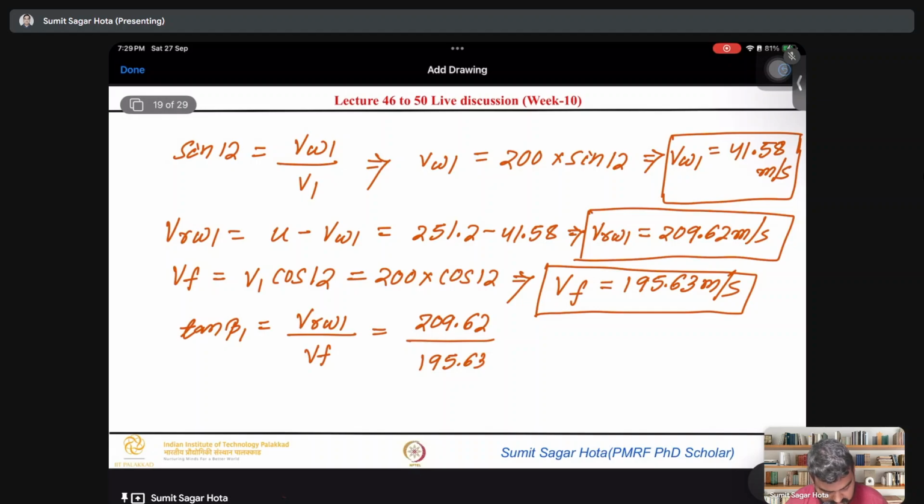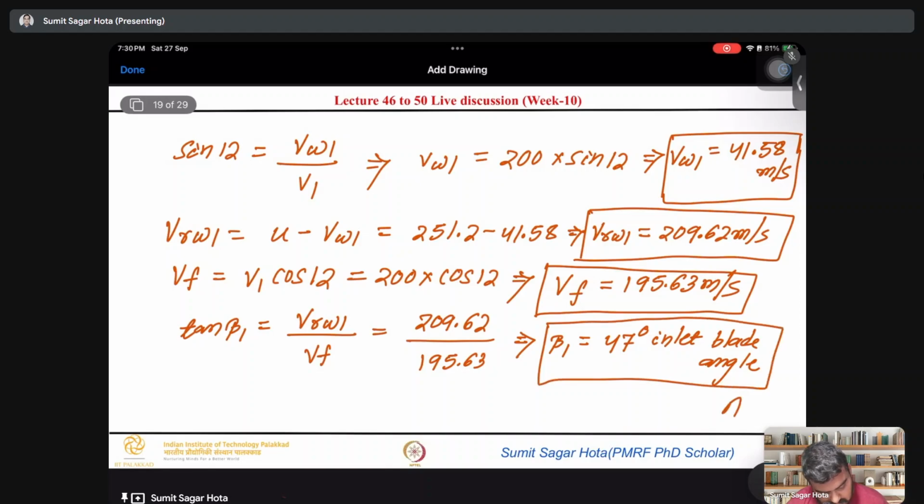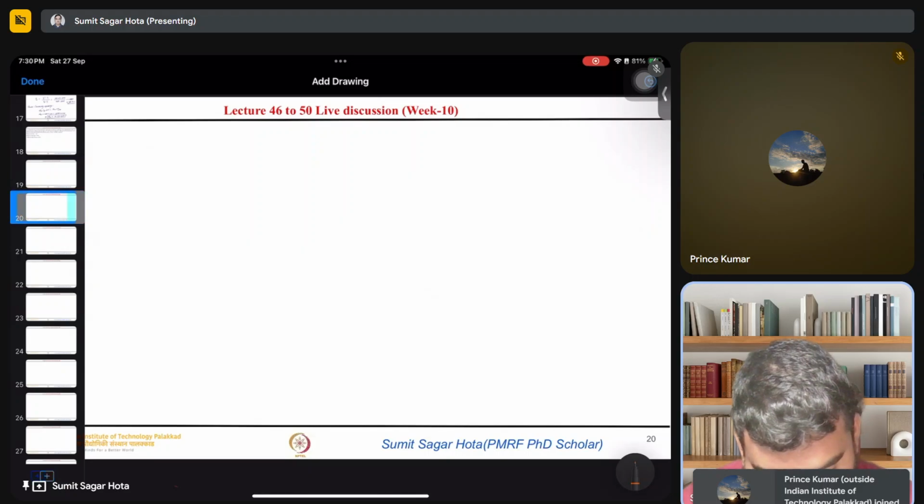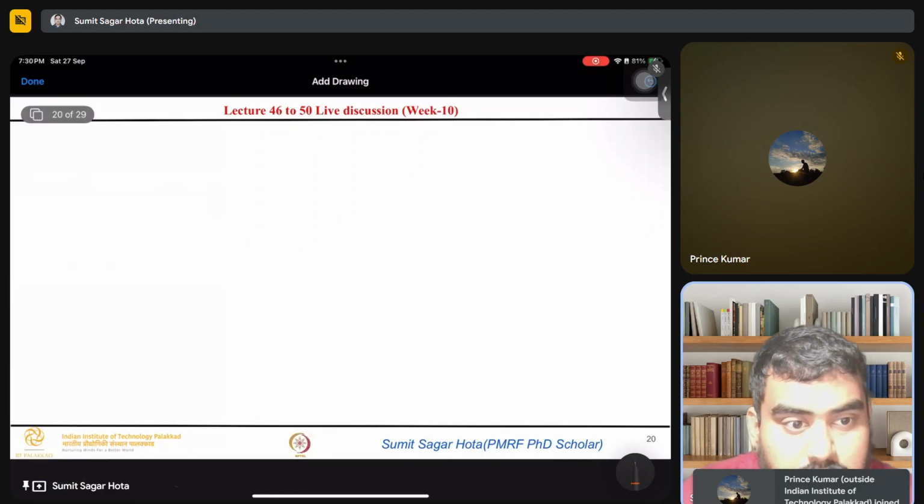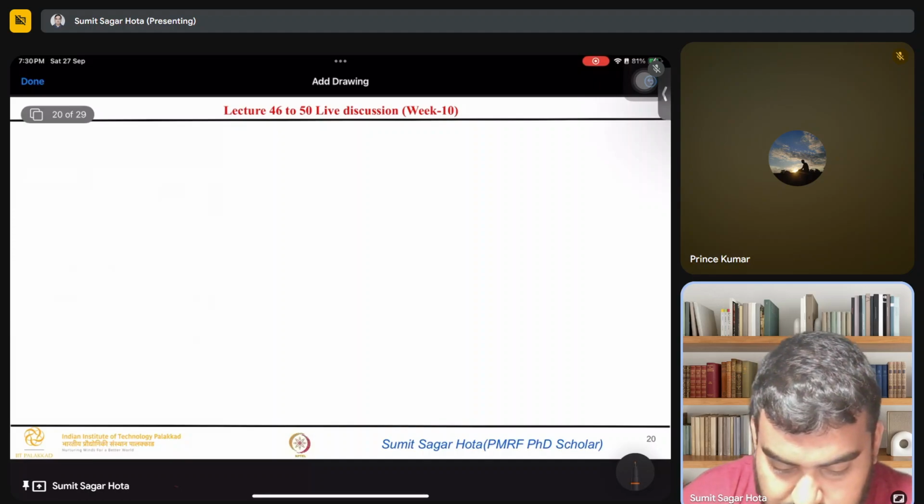So beta 1 is equal to 47 degree, the inlet blade angle. So we just found the beta 1.